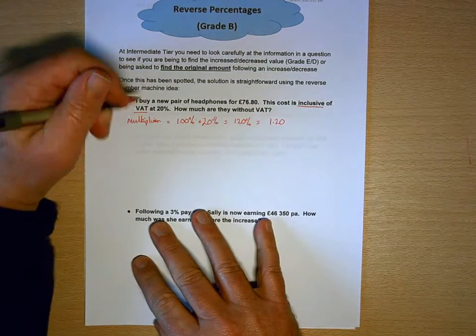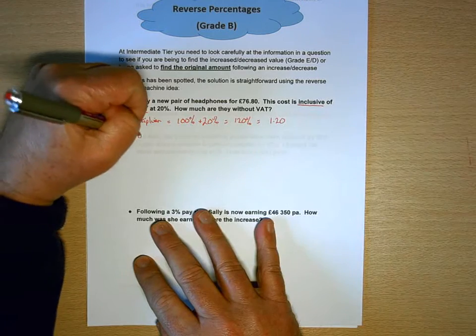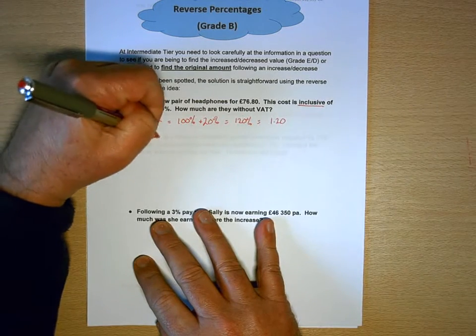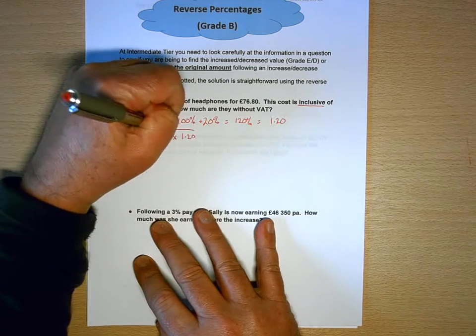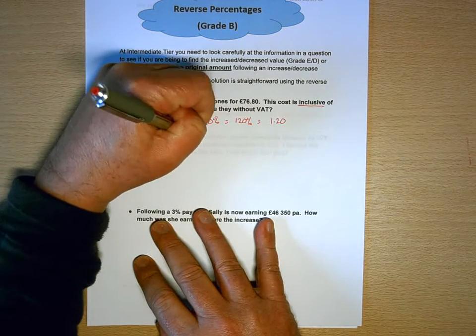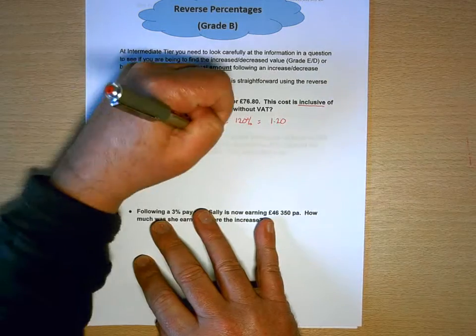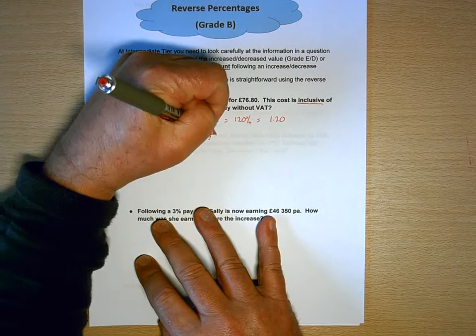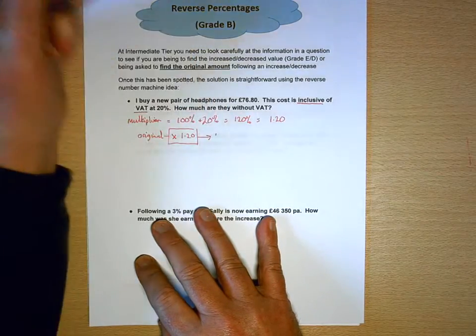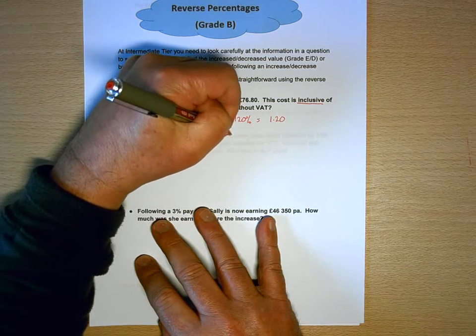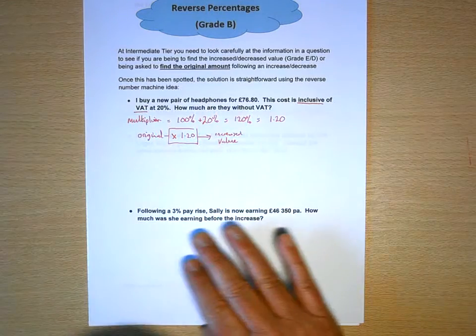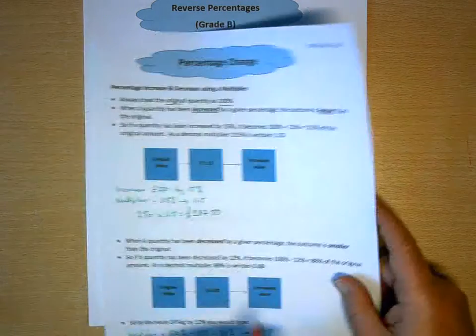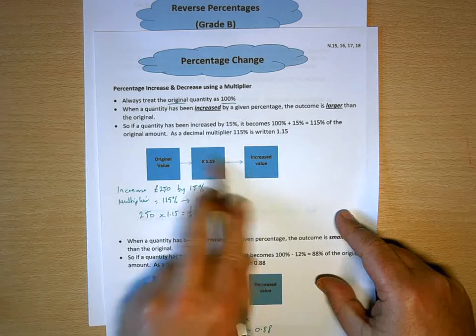So if you think of the number machine idea that we were using, you'd have your original, we'd times it by the multiplier, and that would give us the new amount, the inclusive amount. Increased value, yes, so that's the same as we were doing last Monday. The original value times the multiplier gives us the increased value.